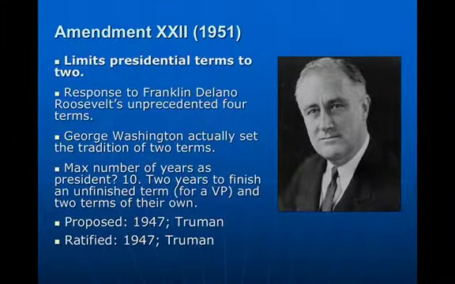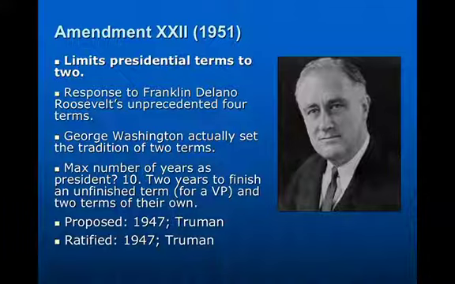22nd Amendment is another presidential one. This one limits the president to 2 terms, and that's kind of not exactly accurate, but he has a two-term limit. It is in response to FDR's presidency.